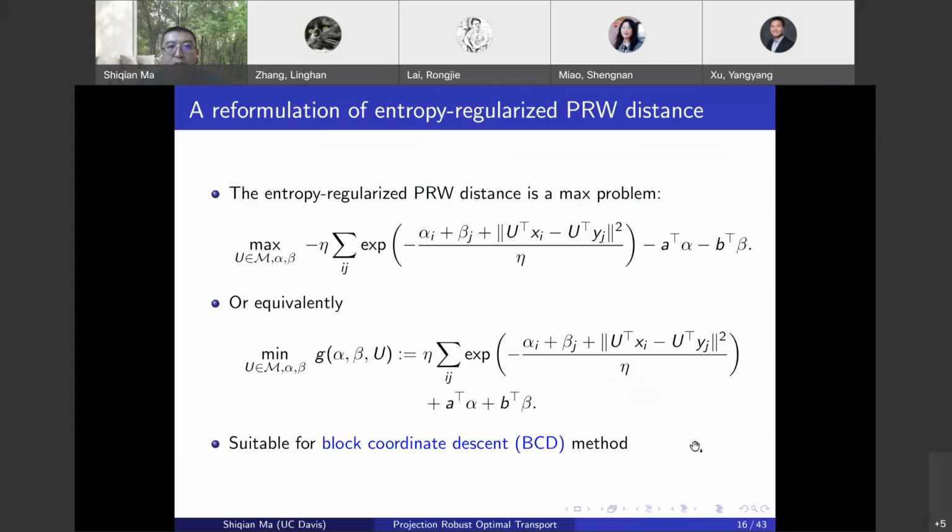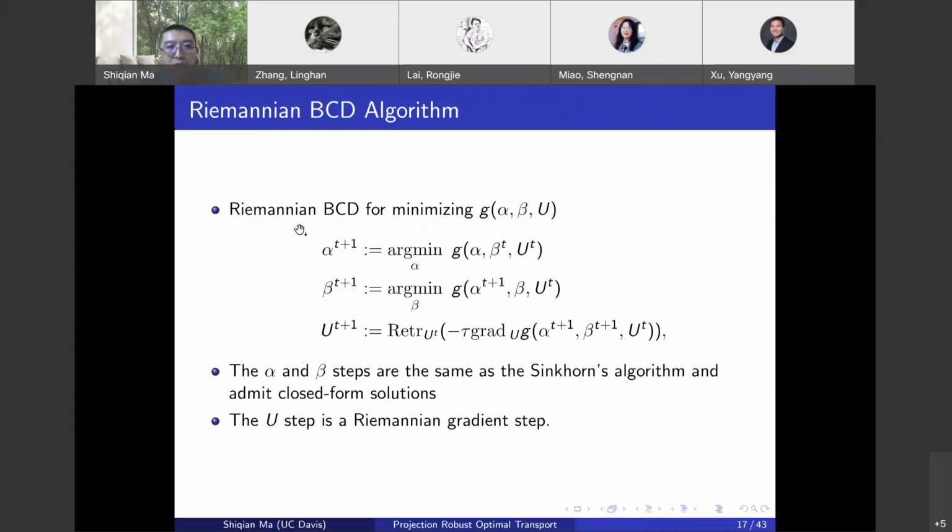So this is our Riemannian BCD algorithm for minimizing the function g. First step, we fix beta and u, and minimize the function for alpha. Then we fix alpha and u, and minimize the function for beta. And the last step, we do a Riemannian gradient ascent step for the variable u.